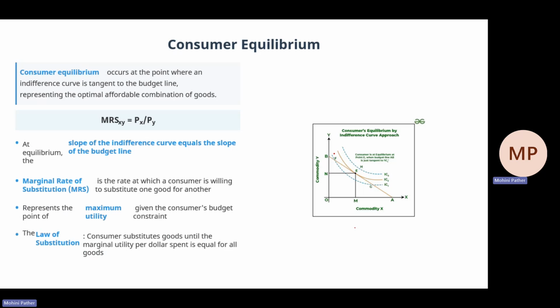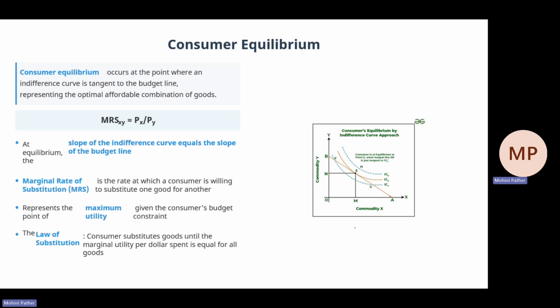If, for example, they were to buy none of commodity X and put all of their budget into commodity Y, they would be able to purchase B of commodity Y. If, however, they purchase nothing from commodity Y and put all of their income into commodity X, they would be able to purchase level A.